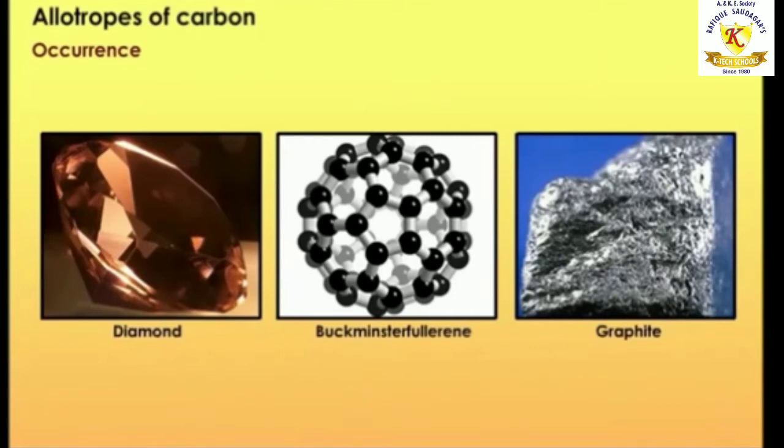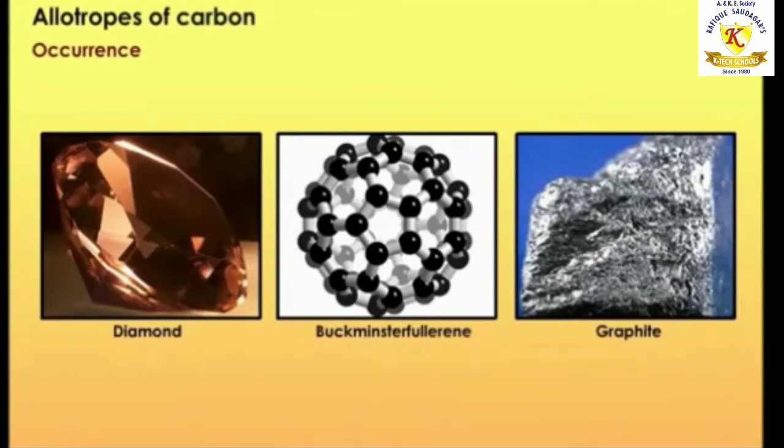That is, some elements can have several structural forms while in the same physical state. These differing forms are called allotropes.